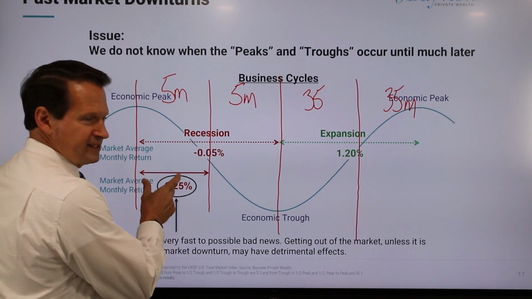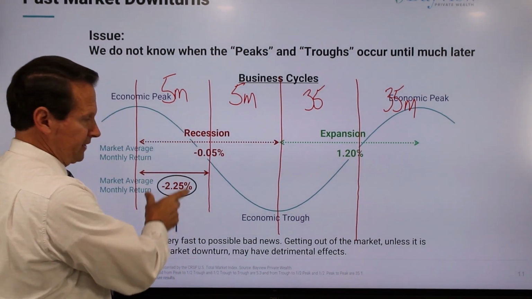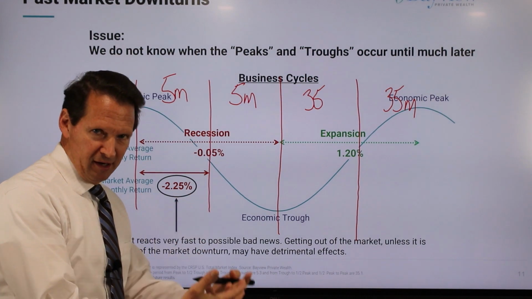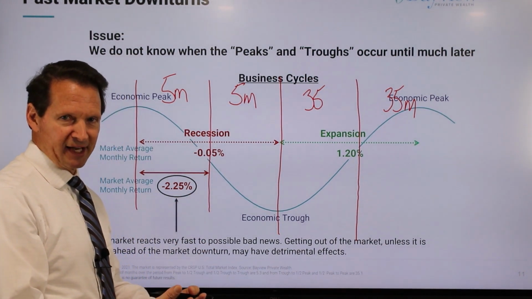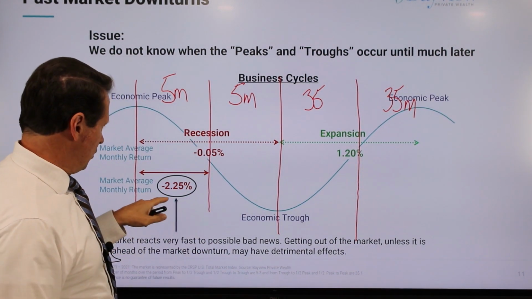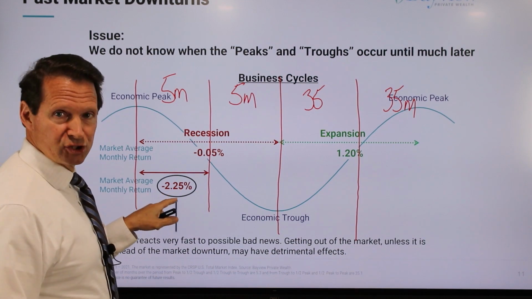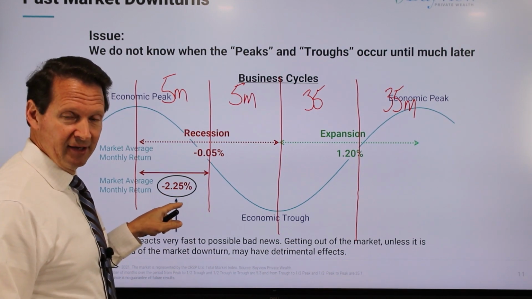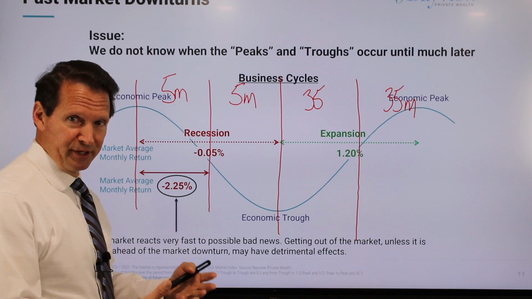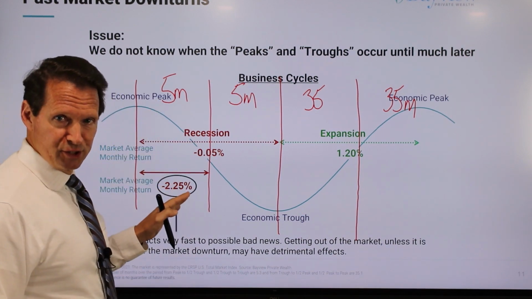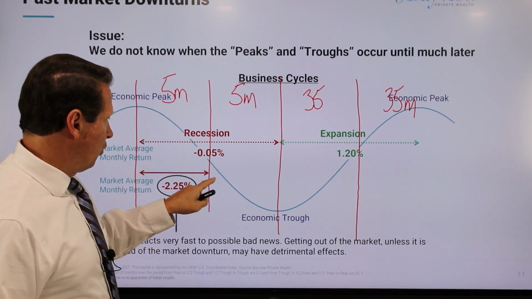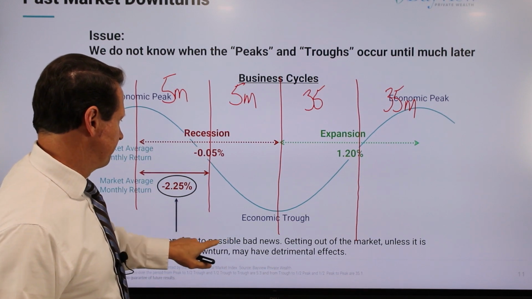So guys, what's the average rate of return during this initial 5 months of a declining business cycle, right? If the market is in correlation to it, it's minus 2.25%. So most of the negative returns are going to be in this initial 5-month period. What about the next periods?